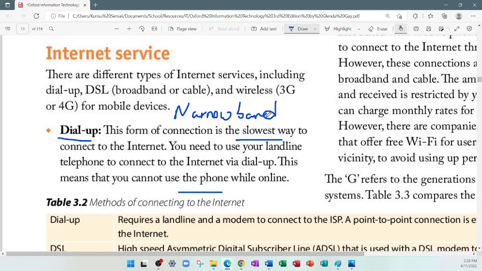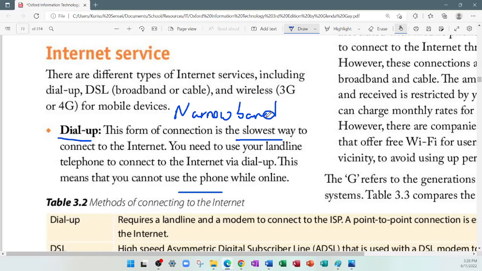Dial-up is what we would call a narrow band. Why narrow? Because it only allowed one type of signal or a fewer amount of signals to be sent across the line. So with dial-up, we could only use the internet or the phone. It wasn't both at the same time.